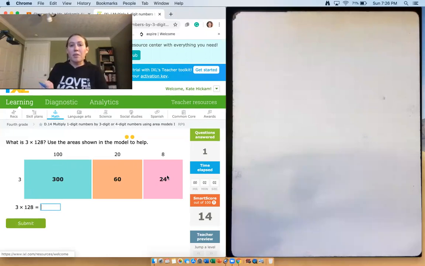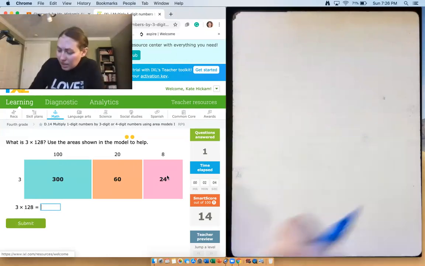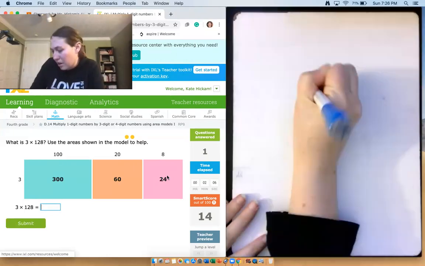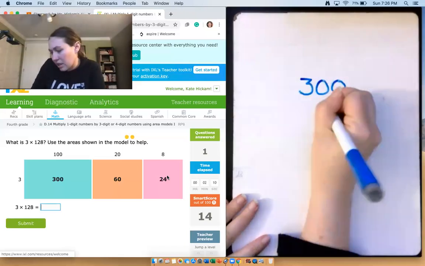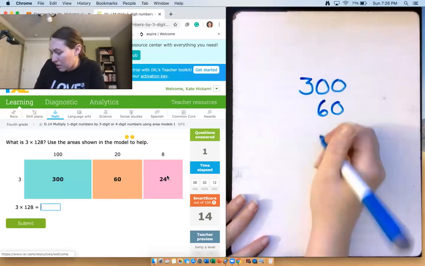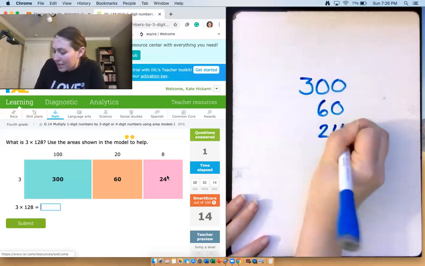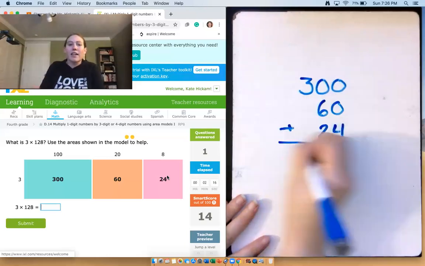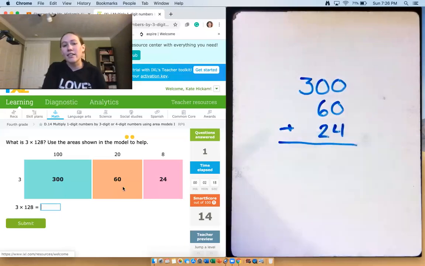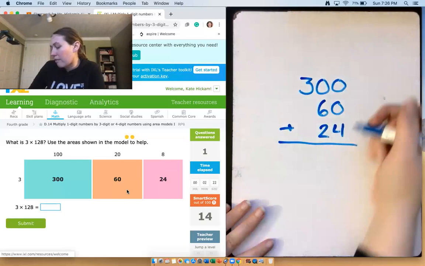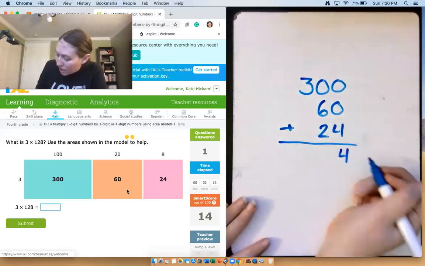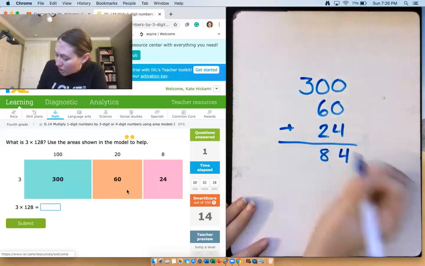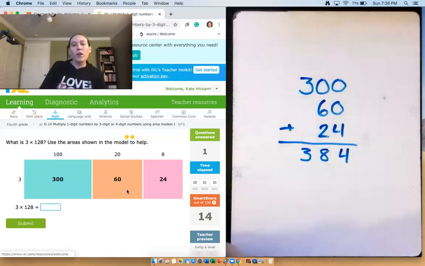So the only step that we need to do, since they gave us that, is 300 plus 60 plus 24. All I'm doing is taking those numbers that they had inside their answers from the area model and adding them up. So I have 4 here, 6 plus 2 equals 8, 3 plus 0, so it's 384.